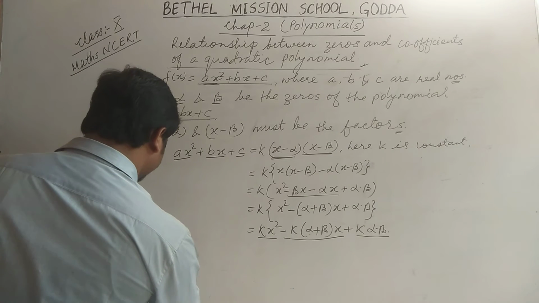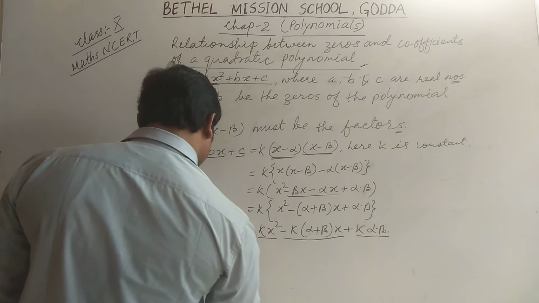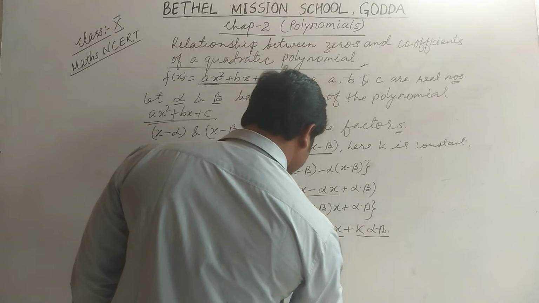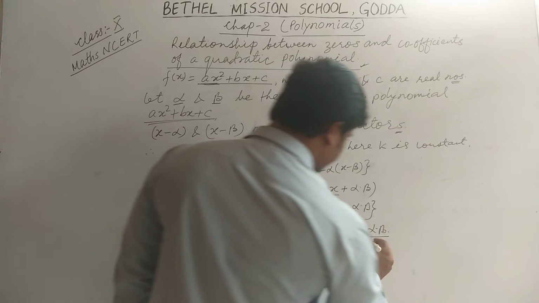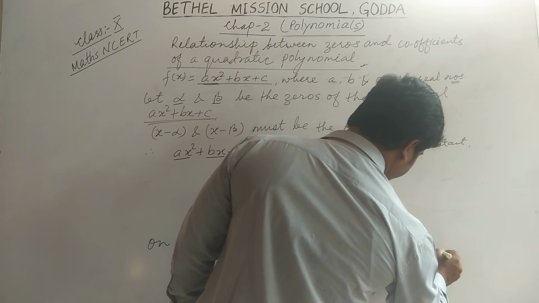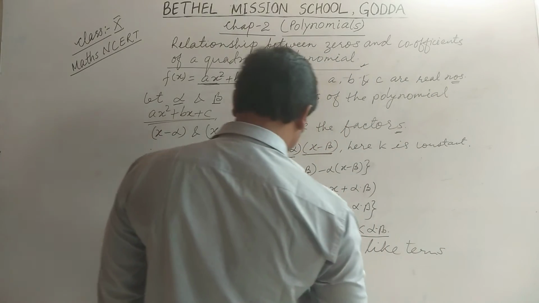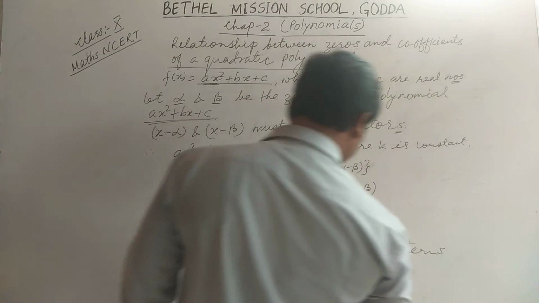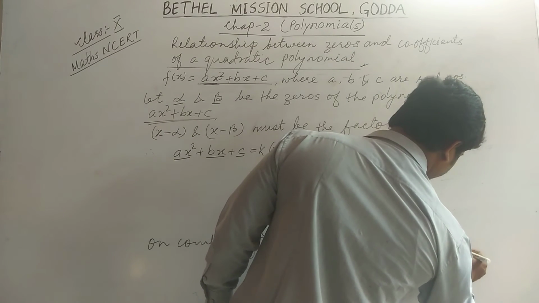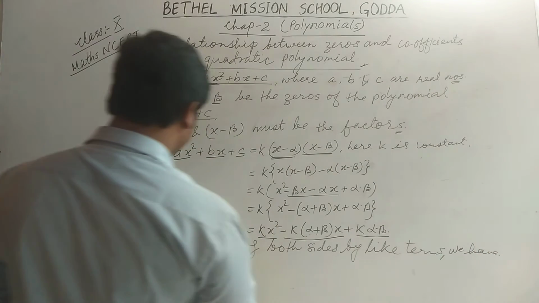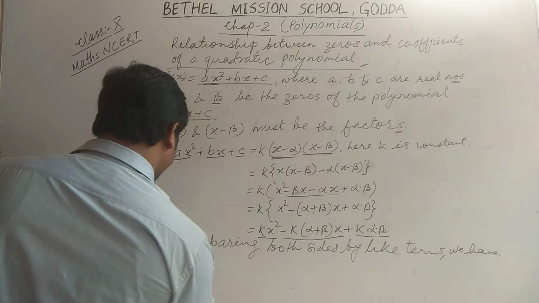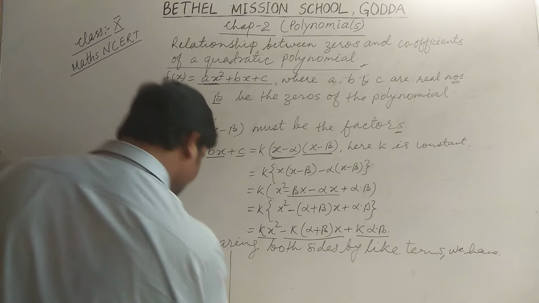On comparing both sides by like terms, we have ax square equal to kx square first.